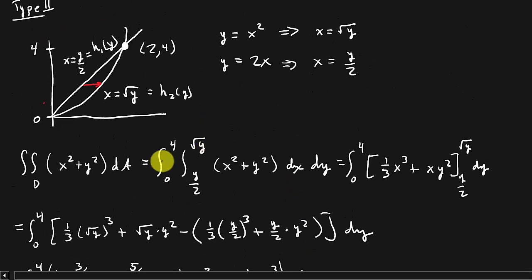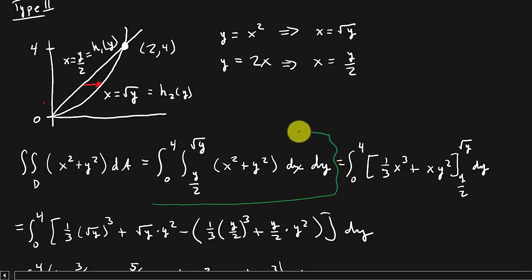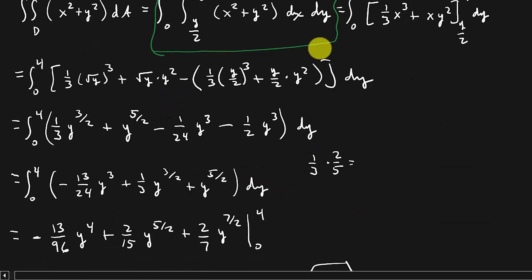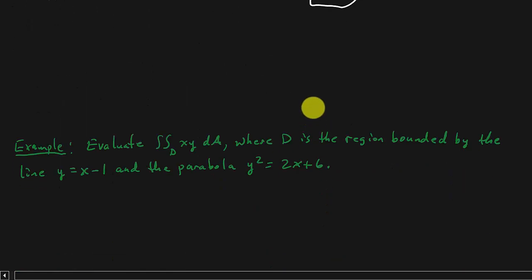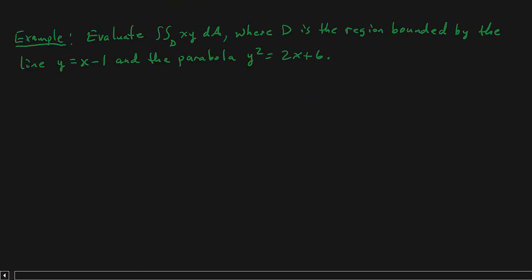Well, when you set this part up, you can see you've got a square root here, and you know you're going to have to plug it in here. So if you do that first, you may say, well, let me go set up the other one and see what it looks like. Okay. All right, so let's look at this example.